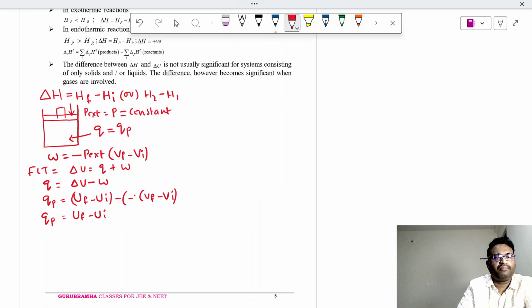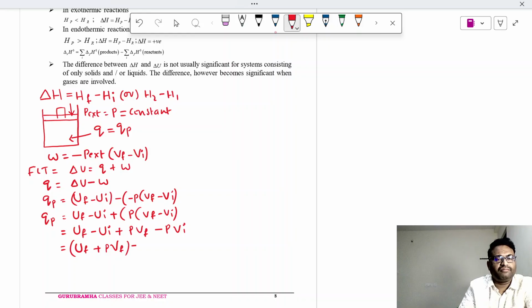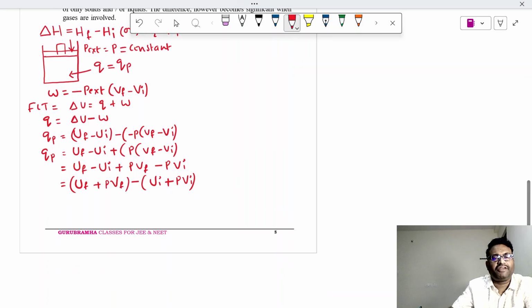Minus of minus P. So minus of minus gives you plus P into V final minus V initial. And that is equal to U final minus U initial plus PV final minus PV initial. So this can be rewritten as U final plus PV final minus U initial plus PV initial.